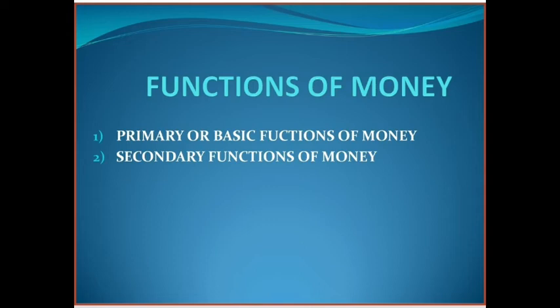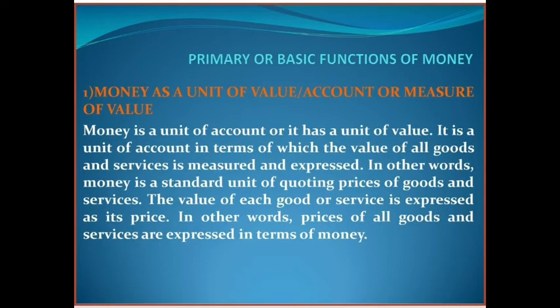In primary or basic functions of money, money is performing in 2 ways. First one is money as a unit of value and the second one is money as a medium of exchange. Then what is money as a unit of value or measure of value? Money is a unit of account in terms of which the value of all goods and services is measured and expressed.